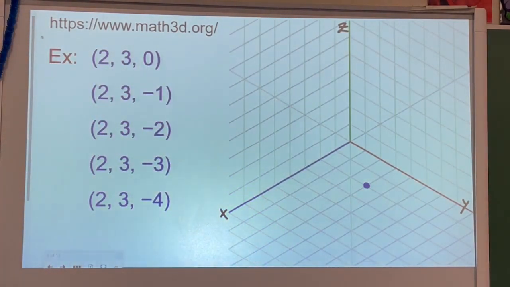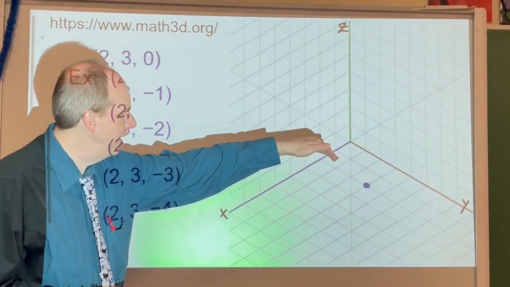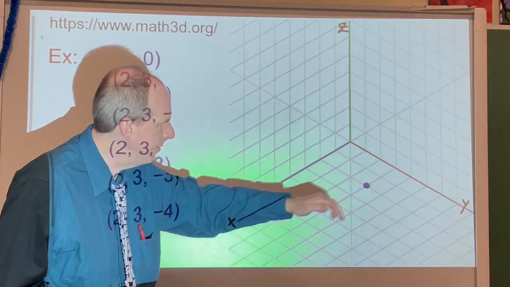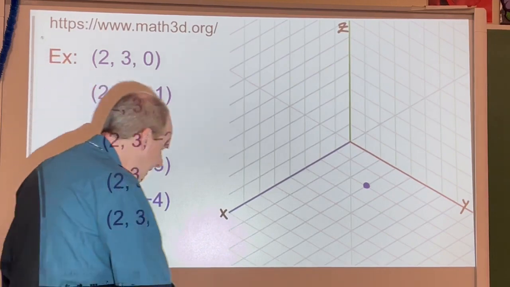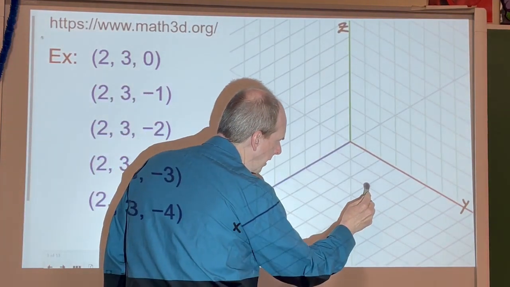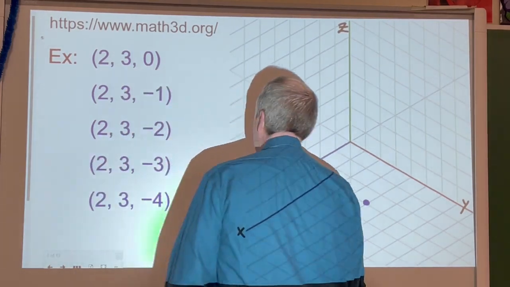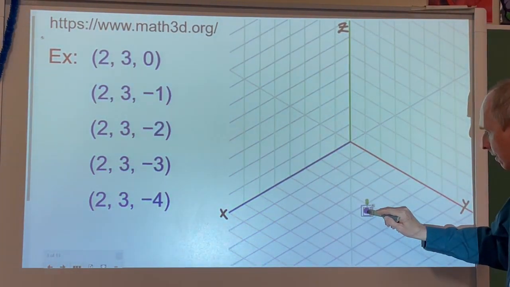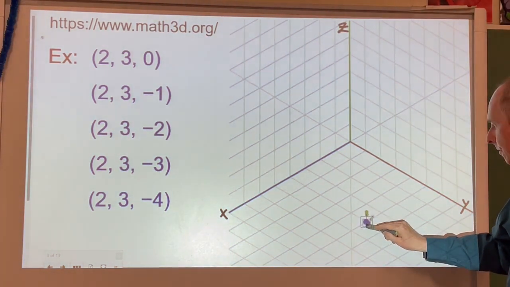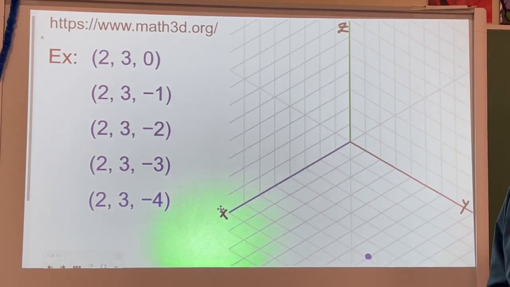But then as soon as I add that z component, where I'm now going 2 units out, 3 units over on the y, and 1 unit down, well, it takes that point and moves it down 1. Or maybe if I go down 2, or down 3, down 4. So it's going to be around there somewhere.